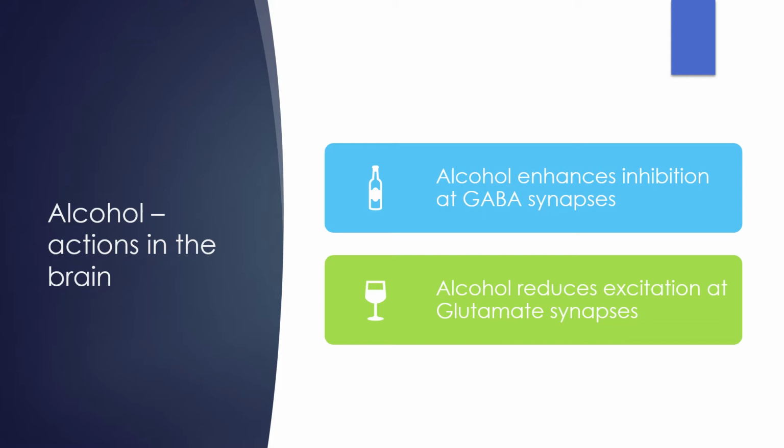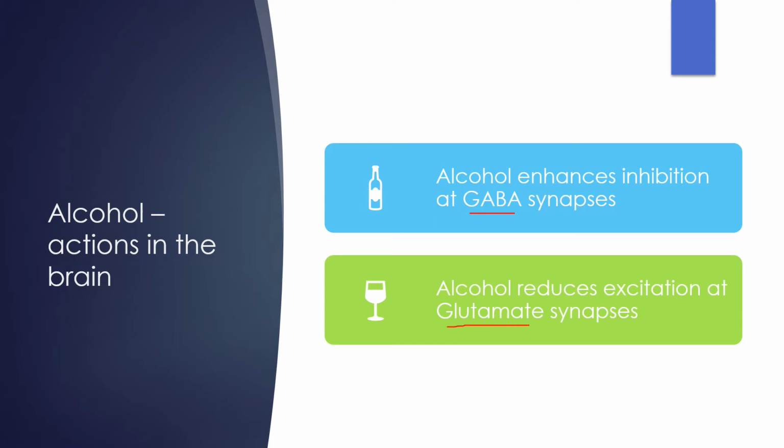GABA means gamma-aminobutyric acid. This is the main neurotransmitter in the brain which slows down the stimulus, the impulses. So alcohol helps to enhance this, thereby slowing down the firing of the brain neurons.